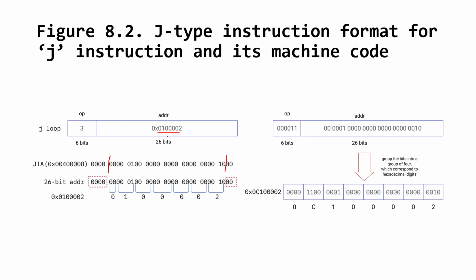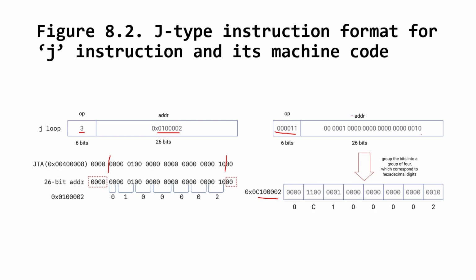Then you put it on the offset field, and the opcode for jump is 3. When we convert it into machine code, this is what it looks like, combined with the opcode 3. Now the command would be 0x0c10002. It can also be reversed to get back again.